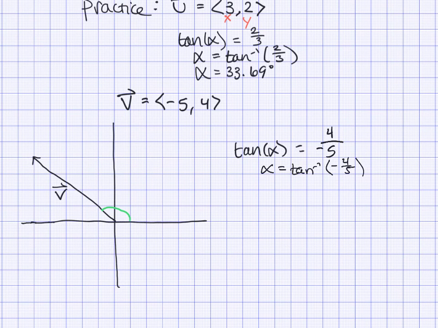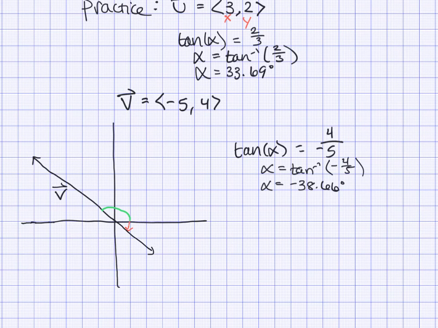Now when I plug that in my calculator, I get -38.66 degrees. And that makes no sense at all, because that is going to be in quadrant 4 in our negative direction. So that's really kind of coming over here.